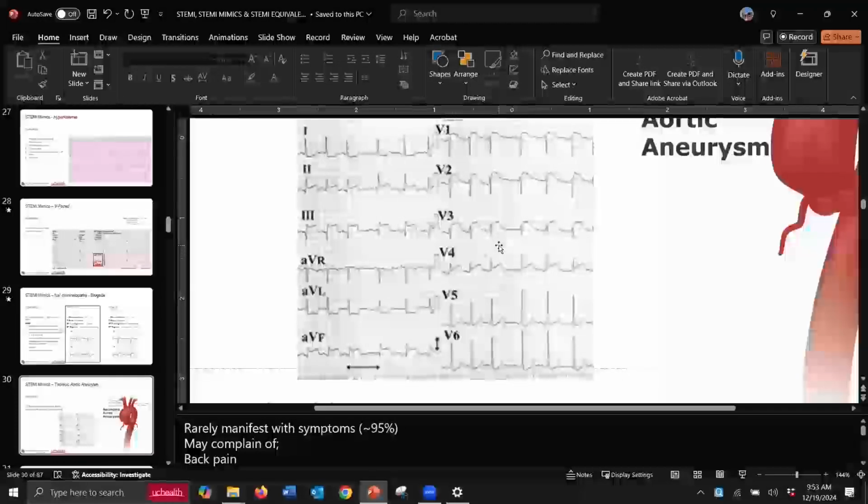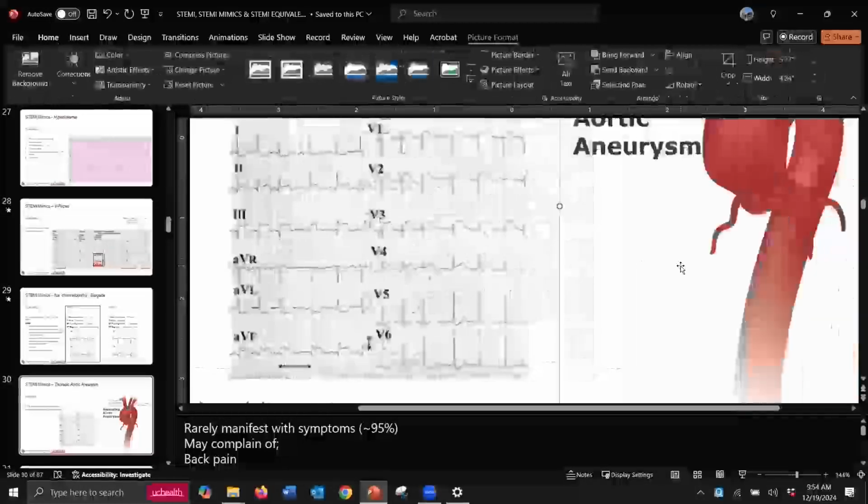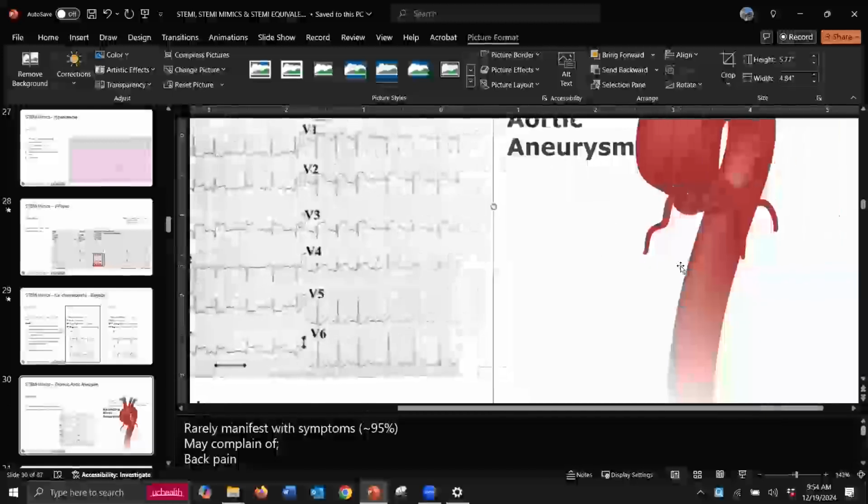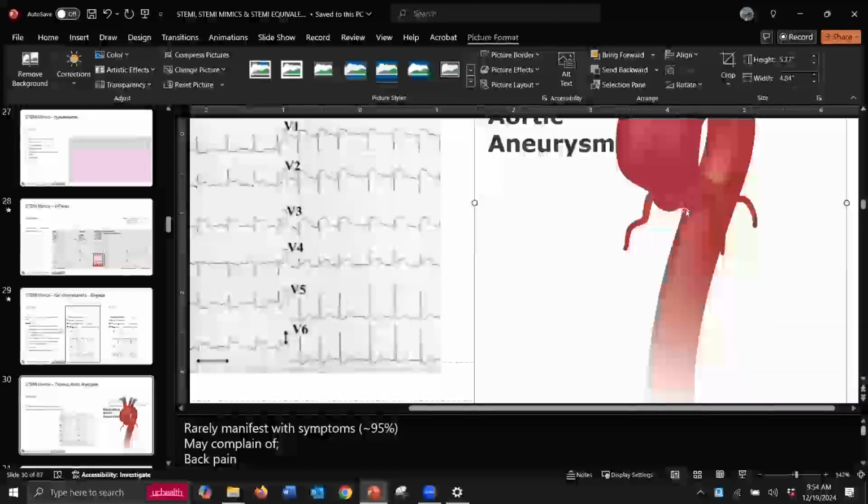So historically, they may complain of back pain. They may complain of a tearing sensation. They may have had a localized thoracic trauma, right? This essentially is an MI because of lack of flow to the coronary vessels. Remember that our coronary vasculature gets perfused during diastole.